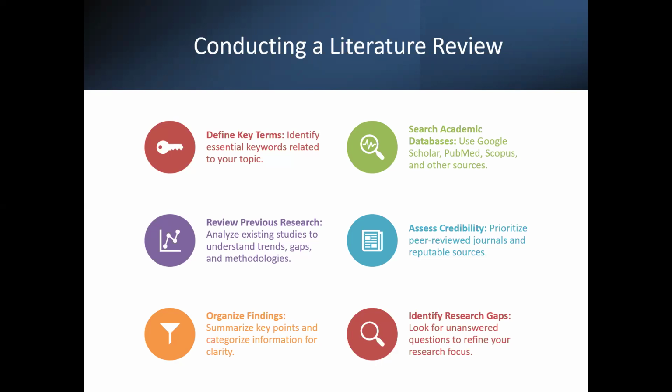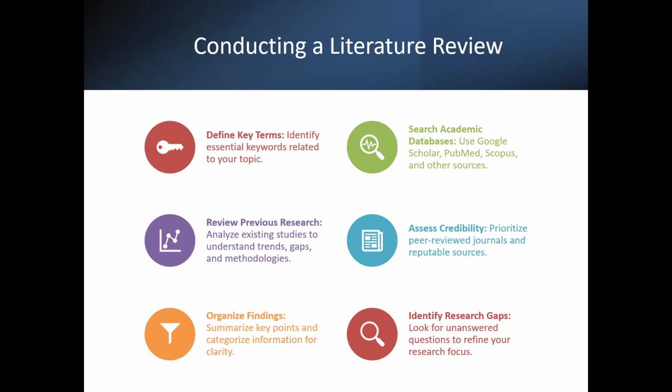And then after that you have to assess credibility. If you are studying articles and using data from them, you have to make sure that you prioritize peer-reviewed journals and reputable sources so that your research work does not get issues at a later stage. So always get data from articles which are published in peer-reviewed and reputable journals.